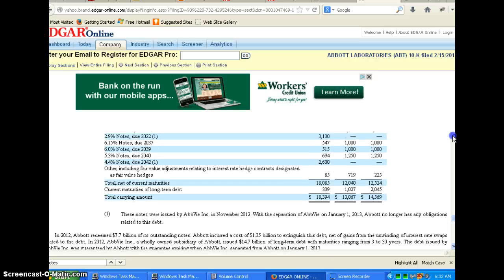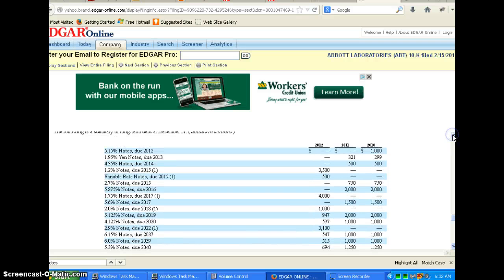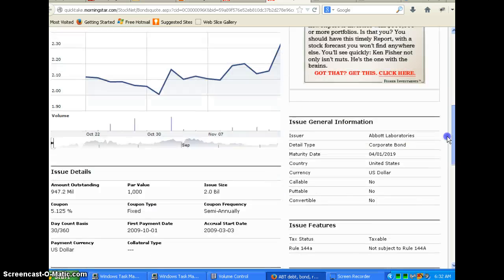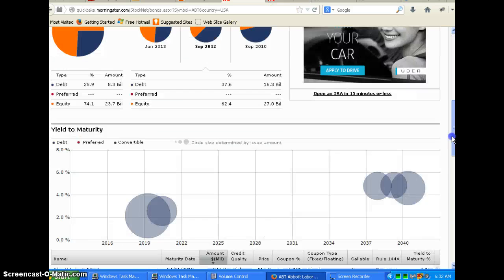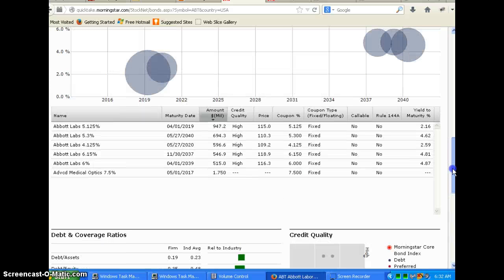And if we go up here, we can actually match up some of the bond issues. All right, 5.125 maturing in 2019.